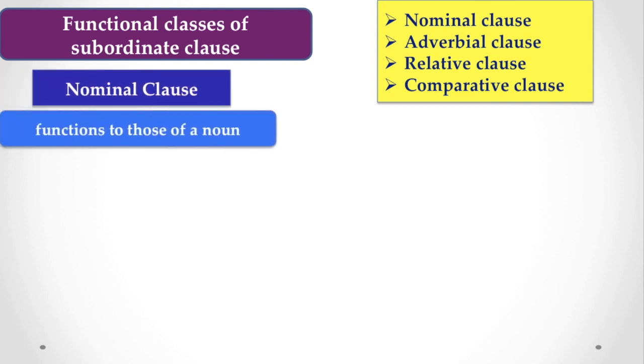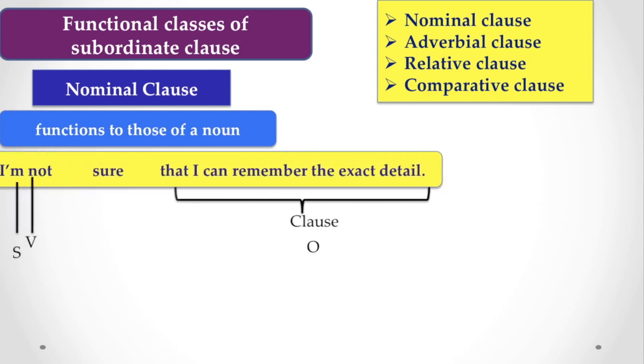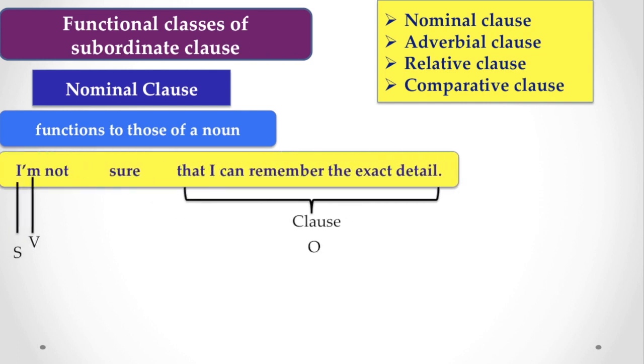Nominal clause sounds like noun; it is derived from noun, nominal. So a nominal clause functions like a noun in a sentence. For example, I'm not sure that I can remember the exact detail.